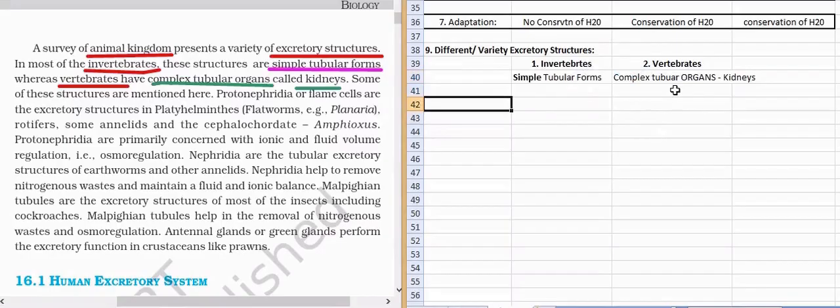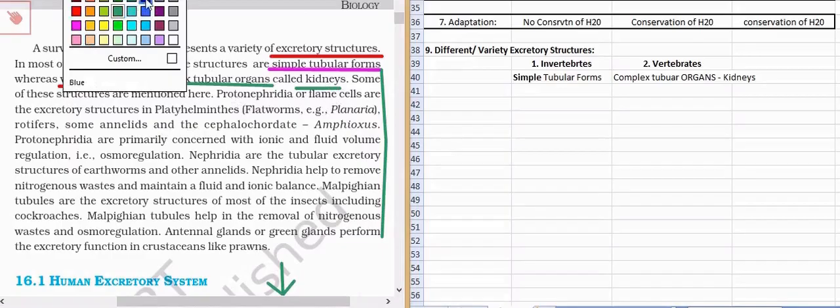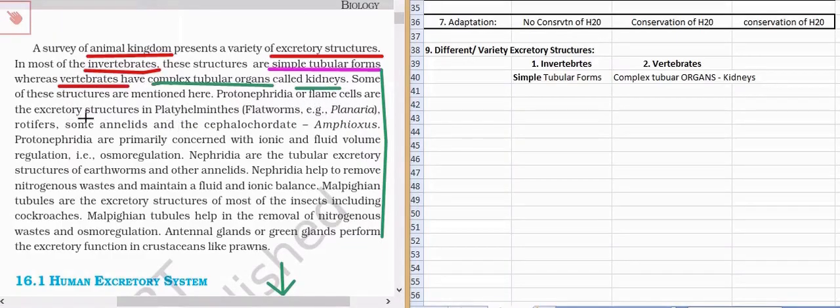Next topic, again, now we'll discuss the invertebrates. Now he starts here, some of the structures mentioned here. All these things are from invertebrates, and vertebrates will be discussed further down. Here again for invertebrates, he gave some examples, and you have to understand them. First, protonephridia is number 1, the flame cells.